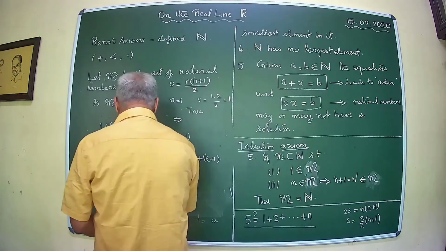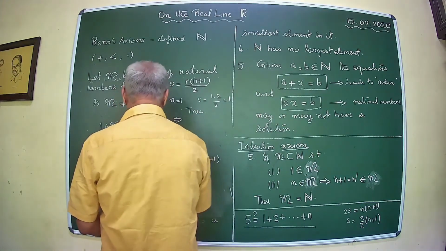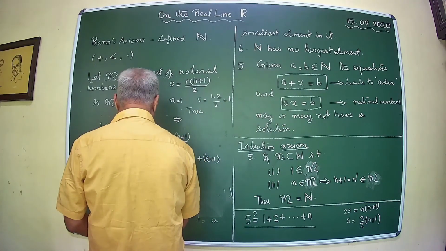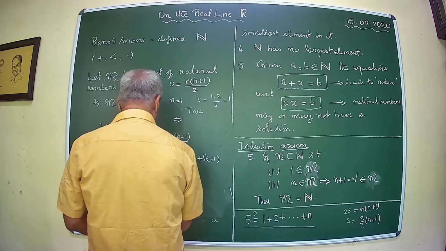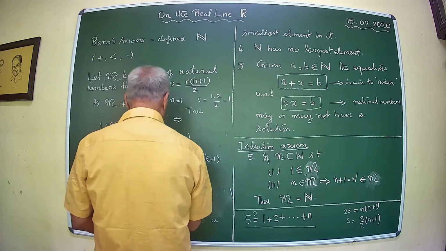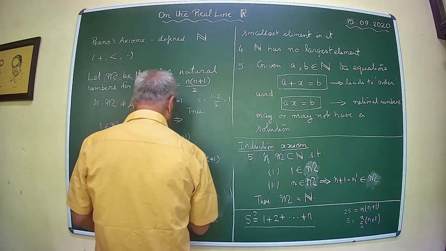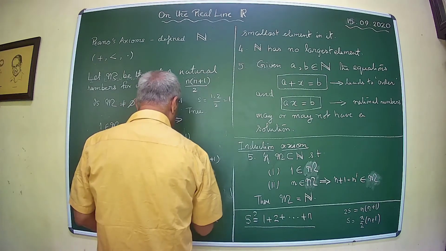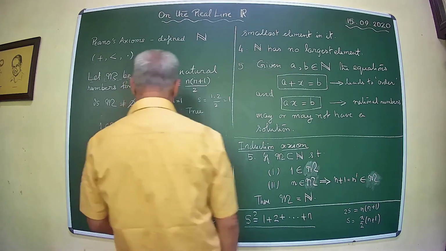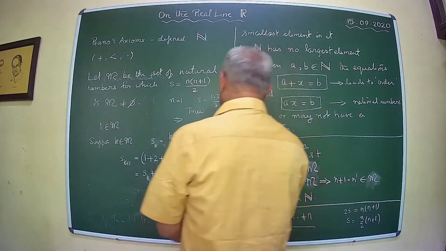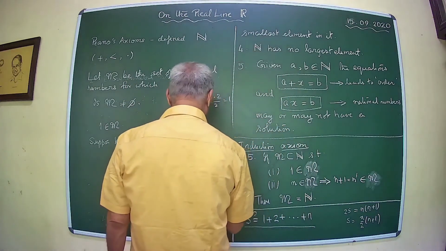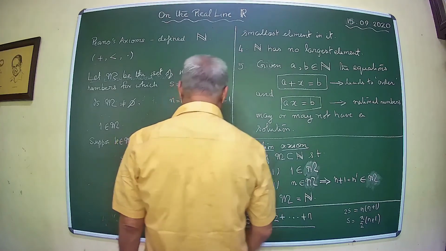And you have the assumption that this is equal to Sk plus K plus 1, which is equal to K into K plus 1 by 2 plus K plus 1.